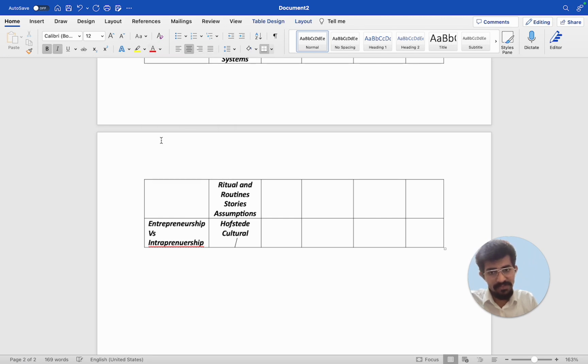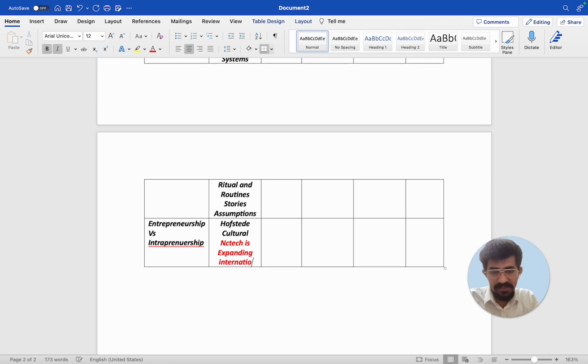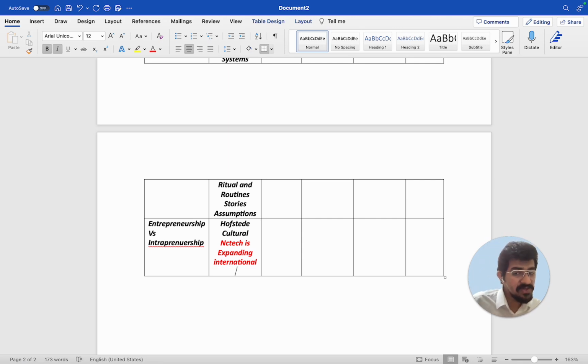Last time the question came on what they are currently, the new CEO came, and what changes have taken place. Now, with Hofstede's cultural dimensions, Nctech is expanding to a foreign country, expanding internationally. Students, Indian culture is different from Western organizational culture. So this model focuses on how you can make your organization go with international structures.